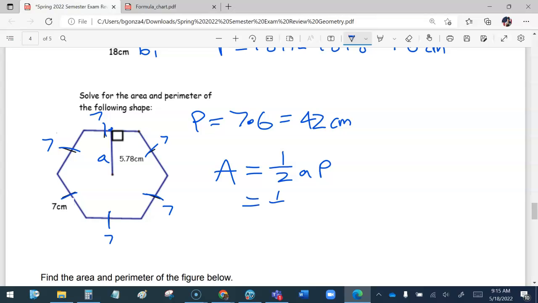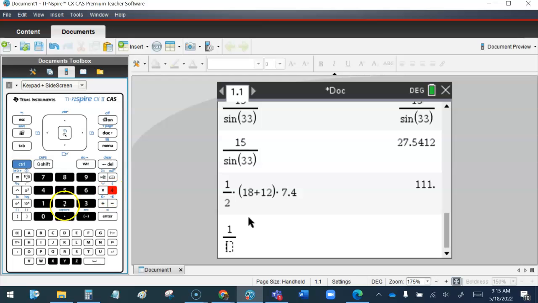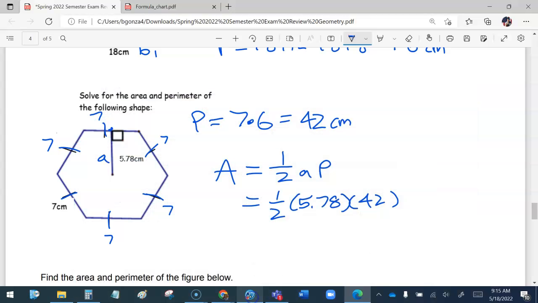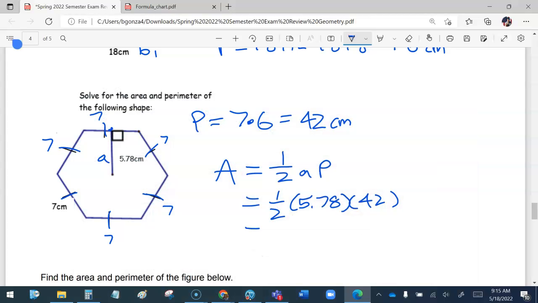So all we have to do is 1/2 times 5.78 times 42. And we get 121.38. And that's centimeters squared because we're talking about area, two-dimensional.